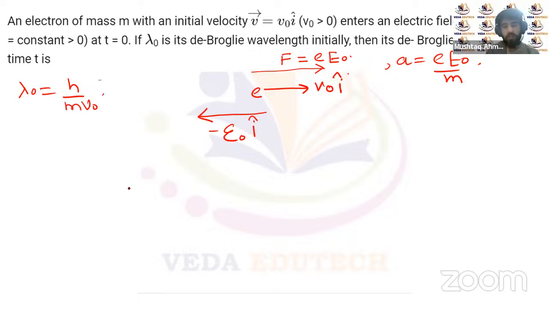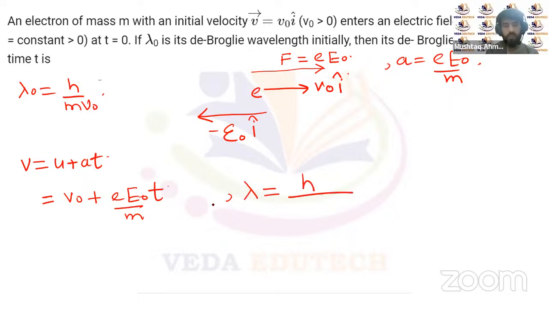Now at a later time t, the electron is accelerating. The velocity at the later time t we can find using the equation v = u + at. So u is v naught, plus acceleration, e E naught upon m, multiplied by t.